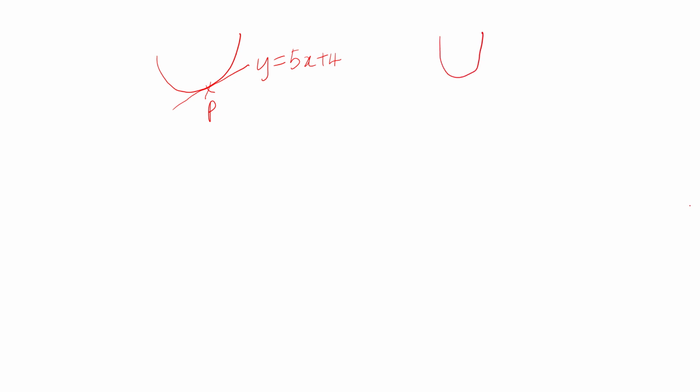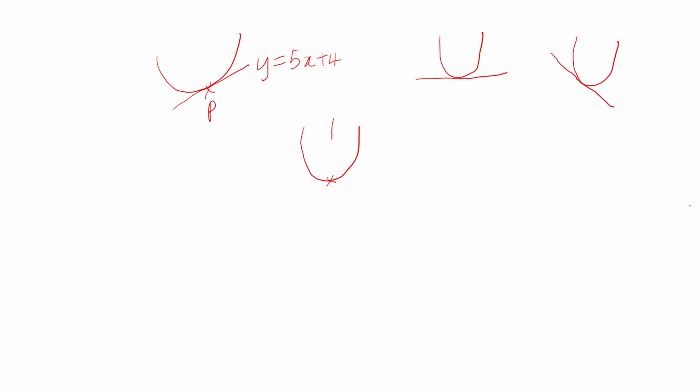So can it be like that? If it's like that, then it is a tangent line. Because basically tangent line means it intersects the curve at one point. You draw this way is also a tangent line, right? So how can you draw it such that it's not a tangent line?